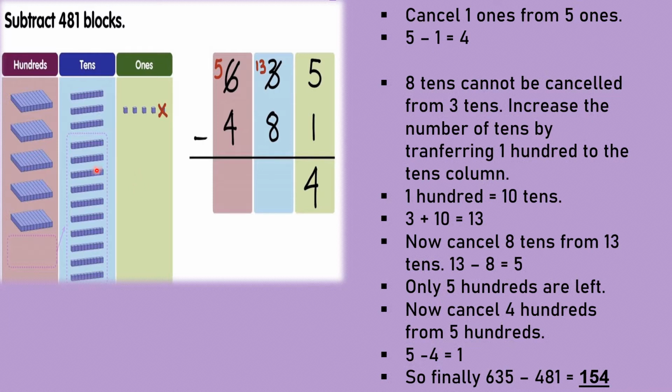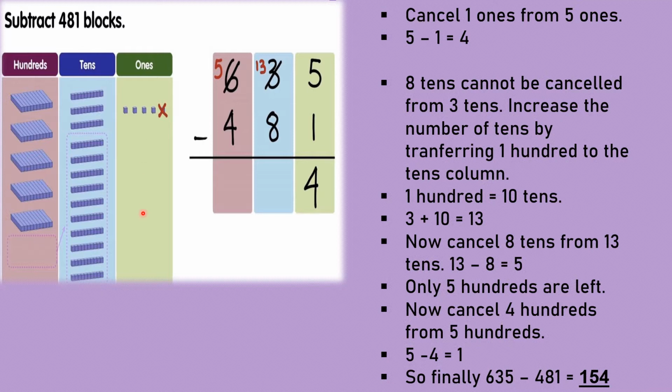So in this case, what would I do? I would go to the left side. I would transfer 10 to the ones column. If I transfer 10 to the ones column, how many ones would it become? What is 10? How many ones? 10 is equal to 10 ones.